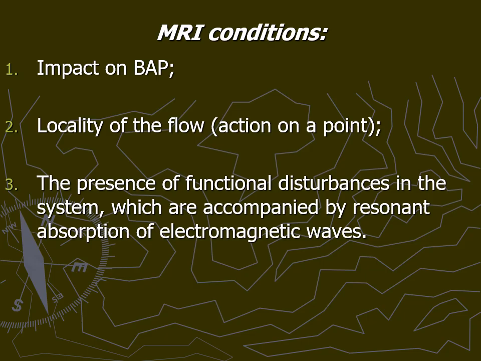This concludes our consideration of issues related to the classification of high-frequency therapies. In other words, we have not considered all the methods. There are quite a lot of them. Here are the main types of impact we have considered.